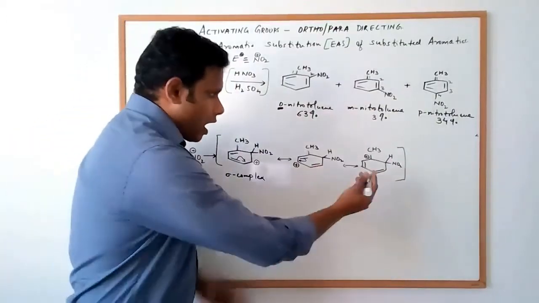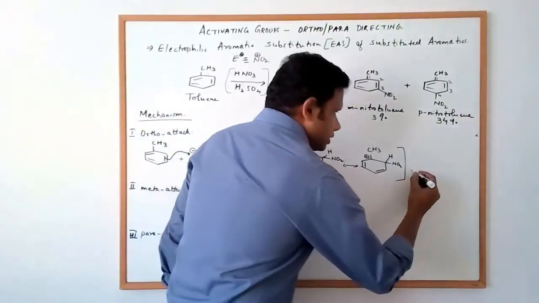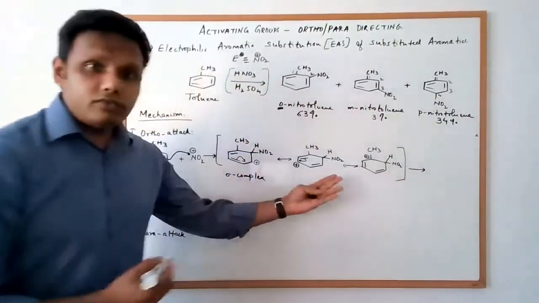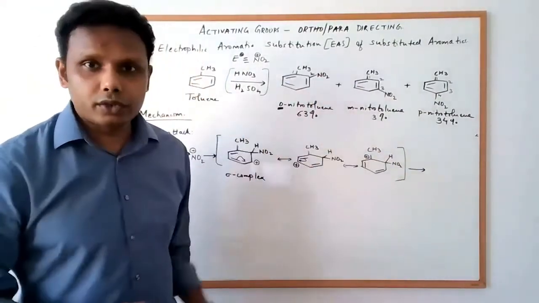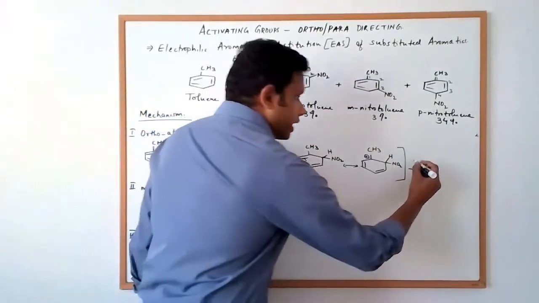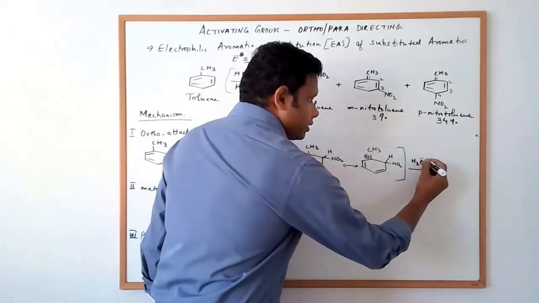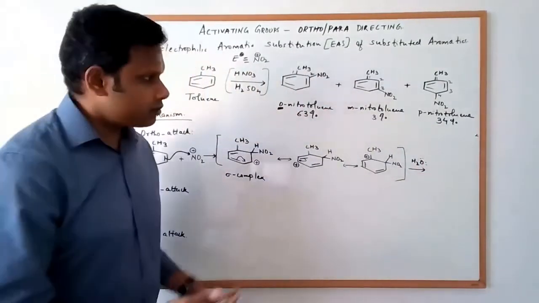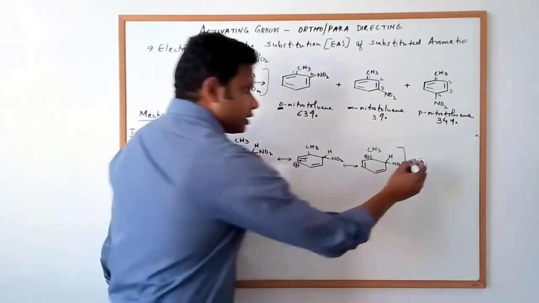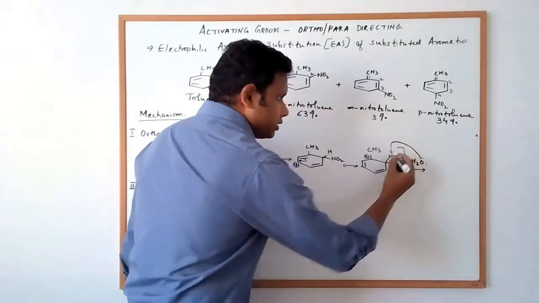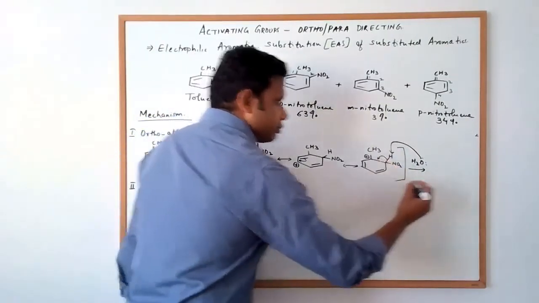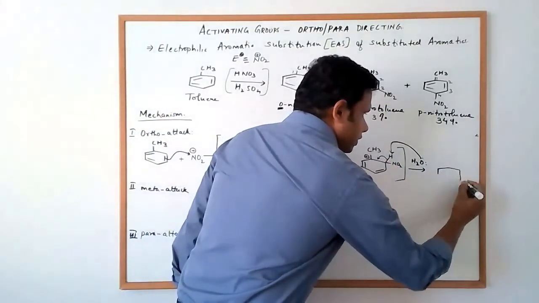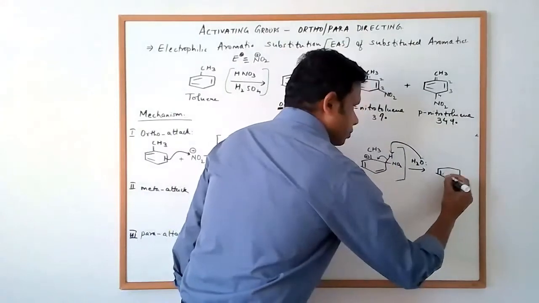Now, from these resonance forms, essentially, any of these resonance forms can lead to the ortho nitro product, because what has to happen is a weak base that's in the system, for example, water, it can come and deprotonate this hydrogen, and the electrons would fall into the space, and that would give us the ortho nitro product.